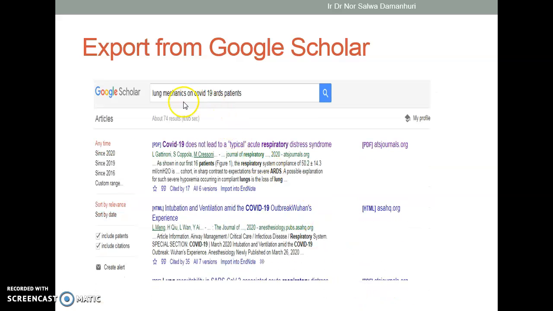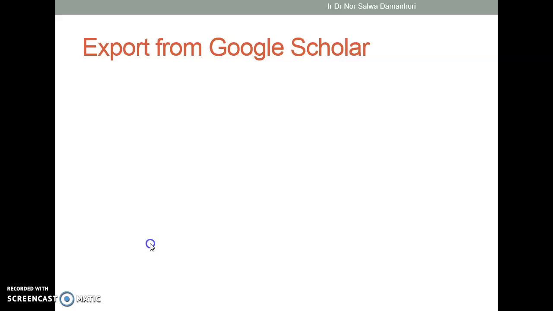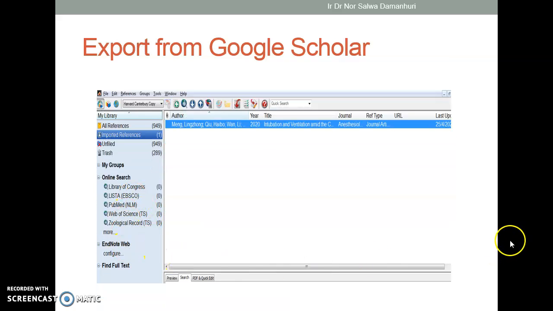Once you have done that, you can type the topic that you want to find and click search. Here you can choose articles since 2016, since 2017, or any time. For example, this article I want to import into EndNote. Just click here, and it will open the EndNote software that you have installed, and this is the paper.